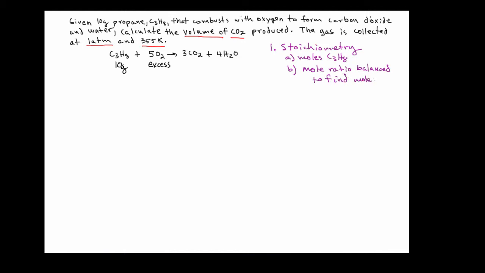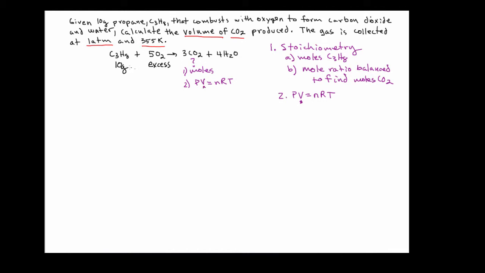Then, once we know how many moles of CO2 we have, in the second part we use PV = nRT to calculate the volume of the gas that's formed. So number one, we need the moles of the CO2 produced. Number two, we're going to use PV = nRT to find the volume.